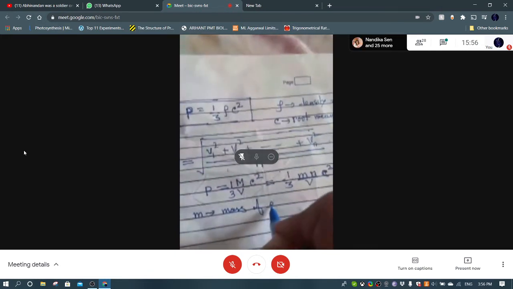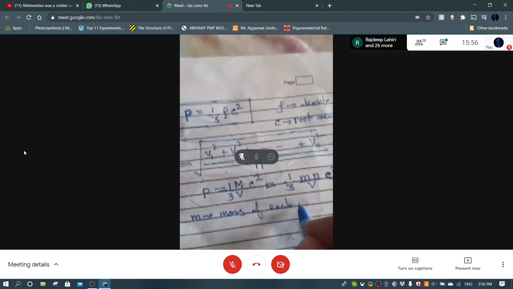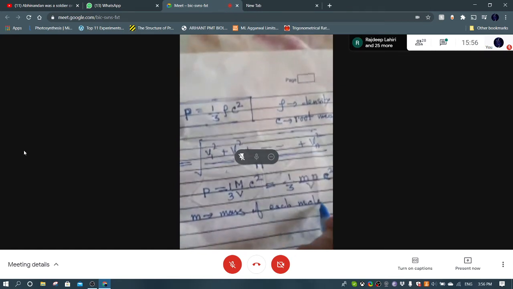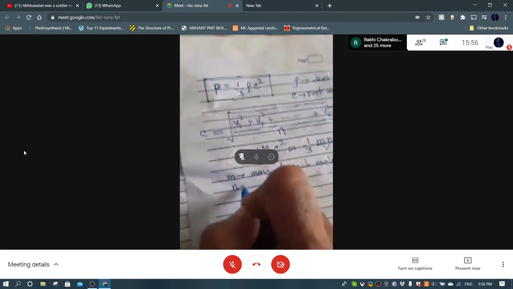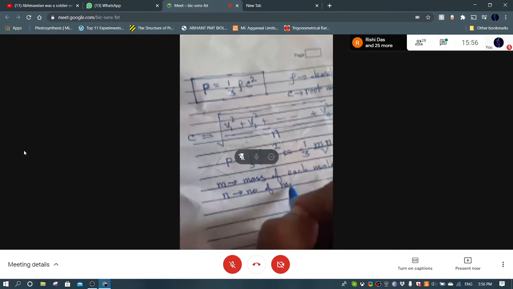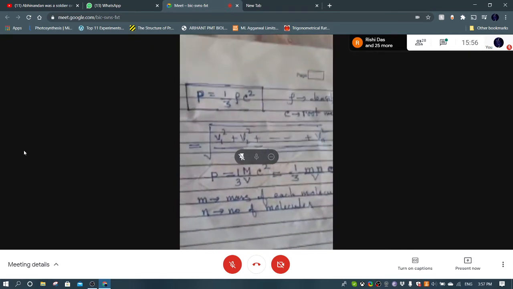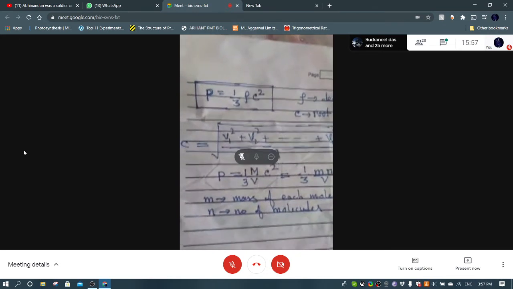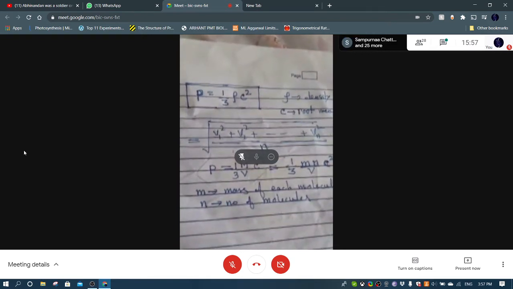Because all gas molecules are identical. Small m is the mass of each molecule and small n is the number of molecules, so automatically m into n is the total mass of the gas.